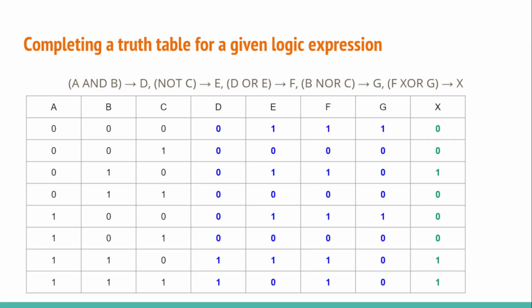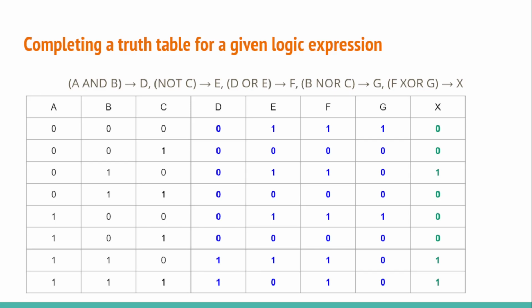Moving on to the last column, which gives us the final output, X. We are combining F and G using the XOR gate. The rule of XOR gate states simply that the output can only be 0 when both inputs are similar. In that case, if both inputs are 1, the output is 0.